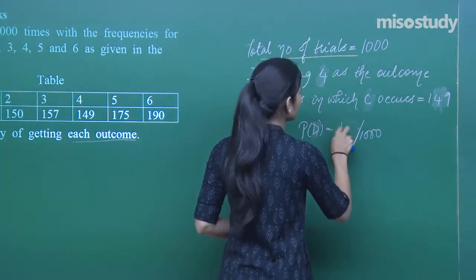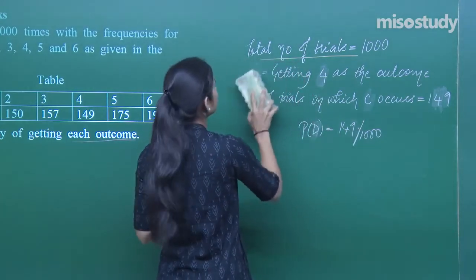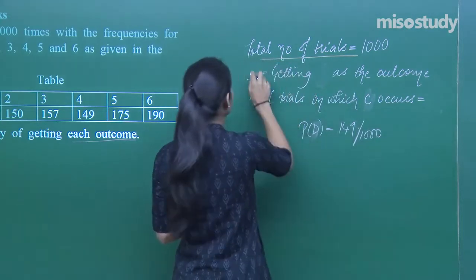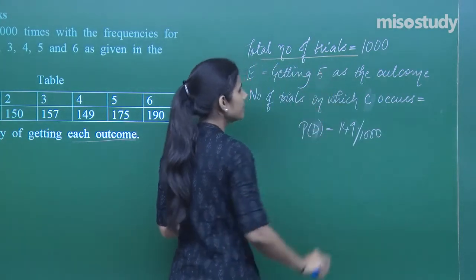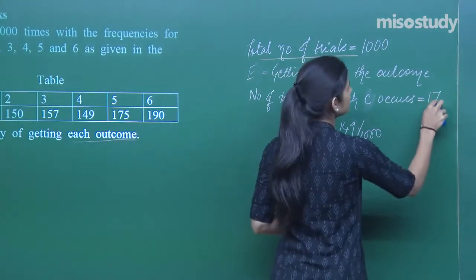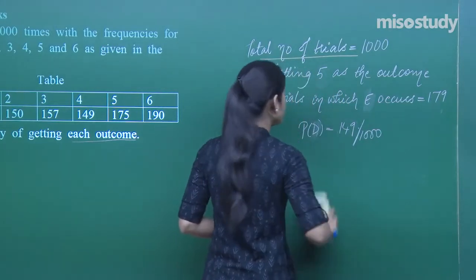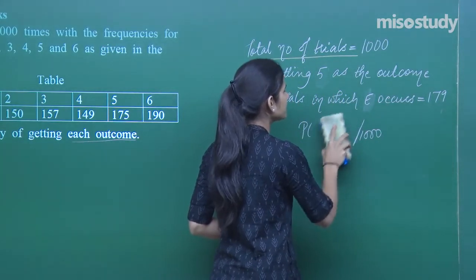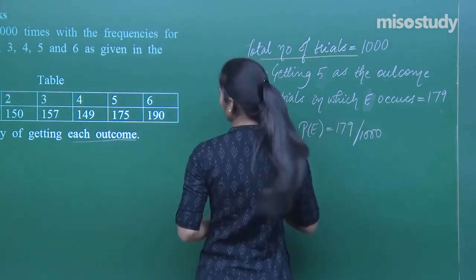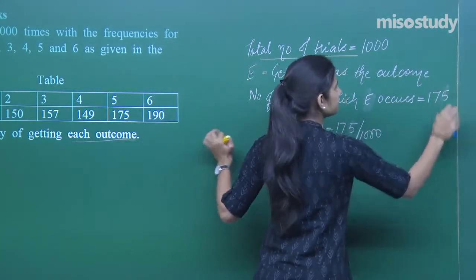Similarly, event E is getting 5 as the outcome, and out of 1000 trials, 5 is coming in 175 trials. So, the probability of occurrence of event E is 175 upon 1000.